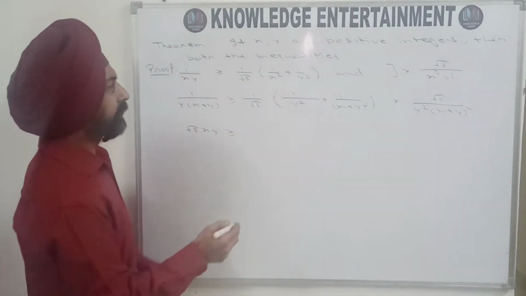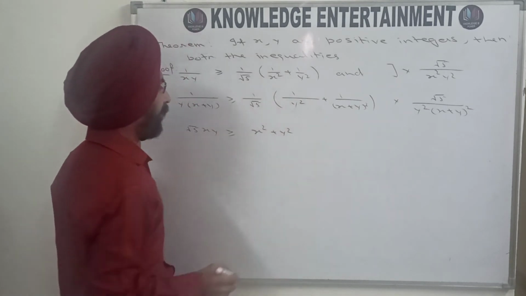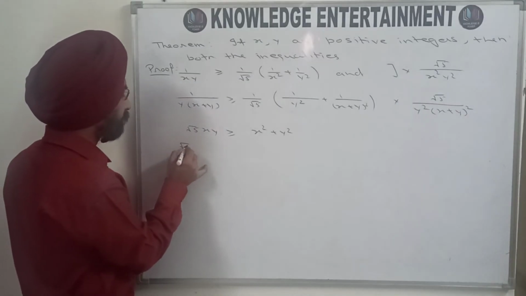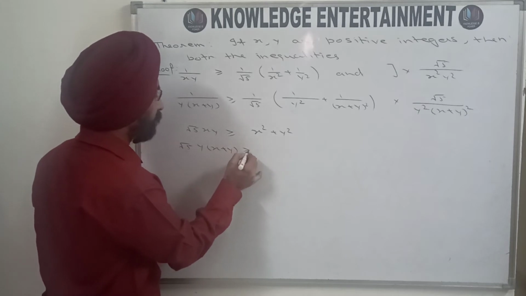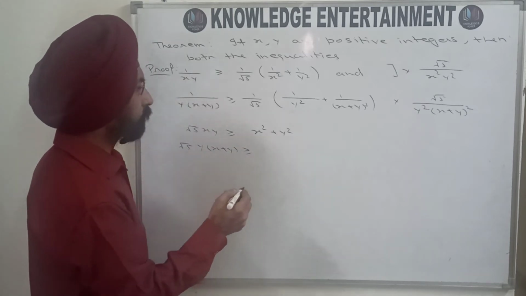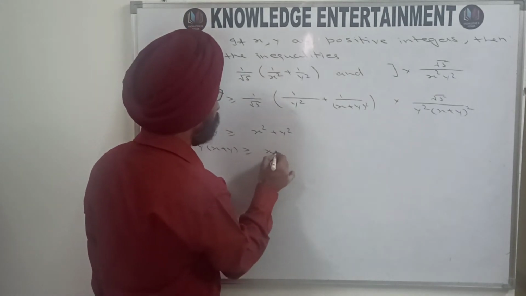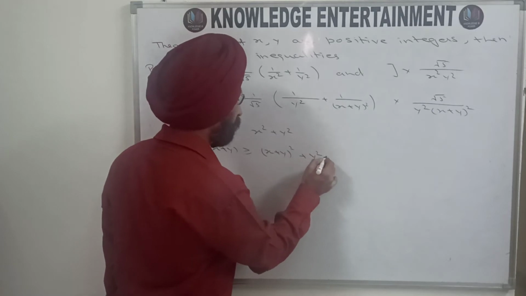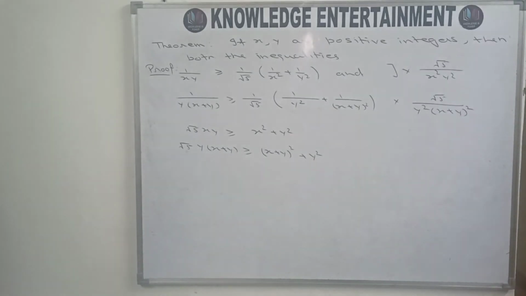So here you will get x square plus y square, and from the second inequality you will get root 5 y x plus y is greater than or equal to x plus y whole square plus y square. Let me check one of the steps that is required here.